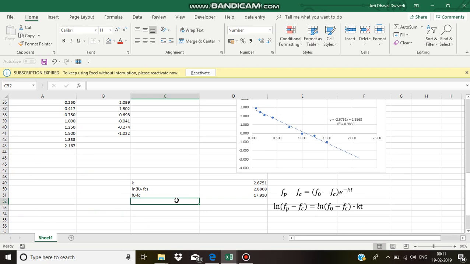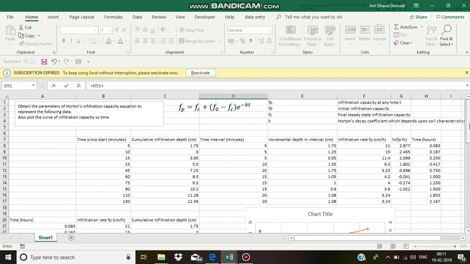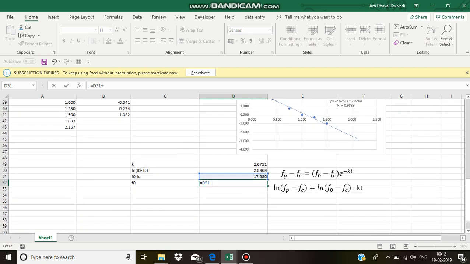F0 is equal to 17.93 plus Fc, which is the final steady state infiltration capacity. It is 3.24 plus 3.24. So value of F0 has also been obtained.